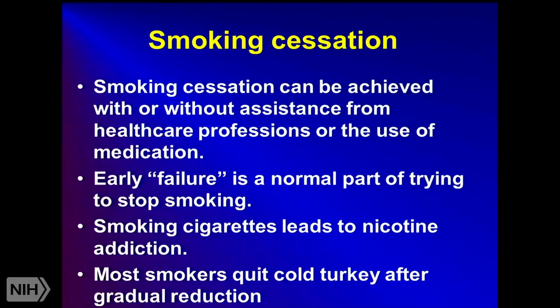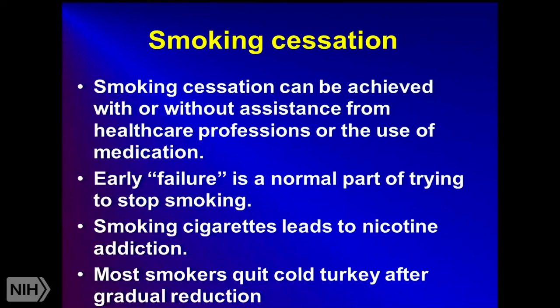But for people who are still smoking, cessation can be achieved with the use of medications and healthcare professionals. And early failure is a normal part of trying to stop smoking. So when people try to stop smoking, oftentimes it'll work for a short while and then they'll go back. But then a year later they may try again to stop smoking. And again, it doesn't work.